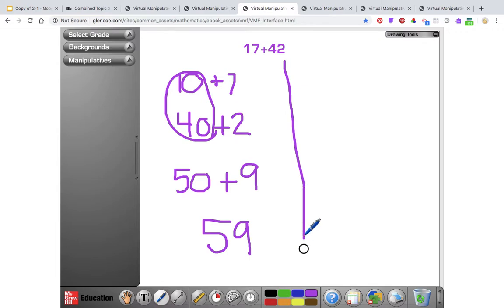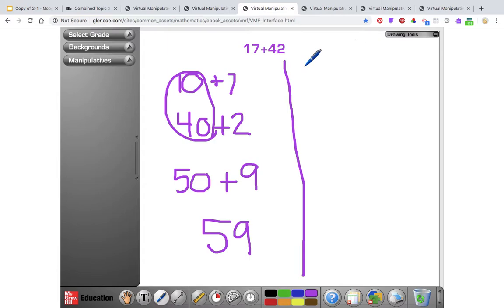Let's try this in the other way of breaking apart, where we just break apart one number into tens and ones. So looking at this one, 17 plus 42, we're going to break apart the smaller number because that's going to be more efficient. So think about which number is smaller or less and break apart that number.